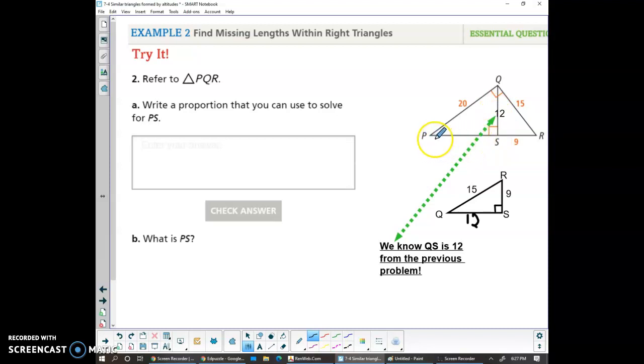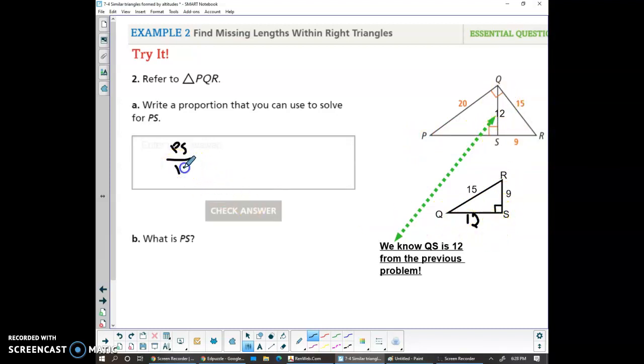Now, we could figure out PS by using the Pythagorean theorem, but in this lesson, we're not going to be using the Pythagorean theorem unless we absolutely have to. So we're going to try to figure out these problems with similar figures. We're finding PS here, so let's write a proportion. I always like to start with my variable, the one that we don't know, just to make sure that gets in the proportion. So we're going from the bottom of the medium triangle to the bottom of the small triangle.